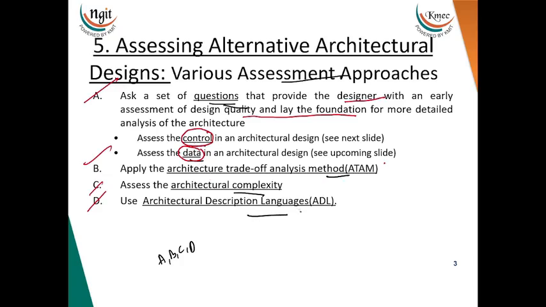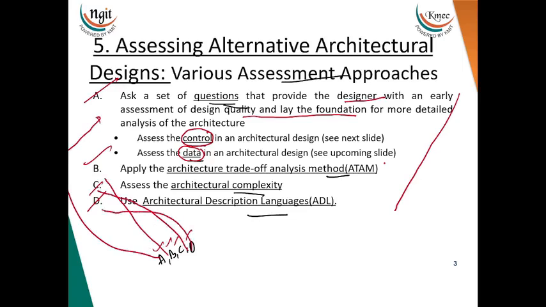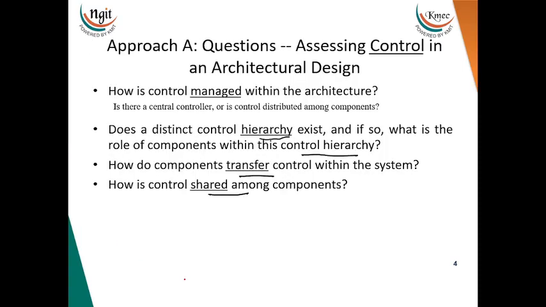D is the use of an architectural description language, ADL. These are the things we are going to see in our video today. So A is questions, B is nothing but ATAM, C is architectural complexity, and D is nothing but ADL.